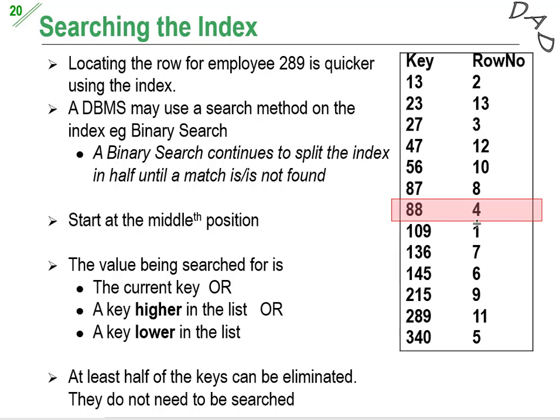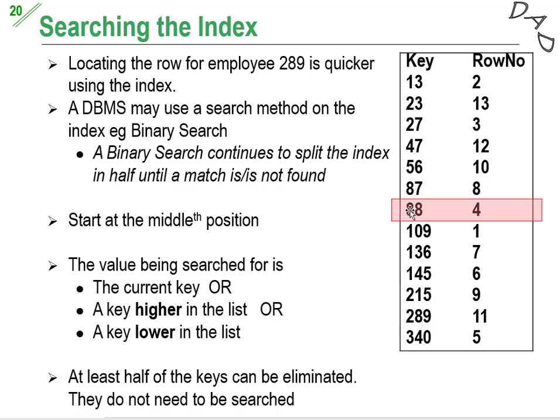Once it goes to the middle position, it will see whether the key that we are searching, in this case employee number 289, is located in the upper half or the lower half of this index. So obviously it is located in the lower half.